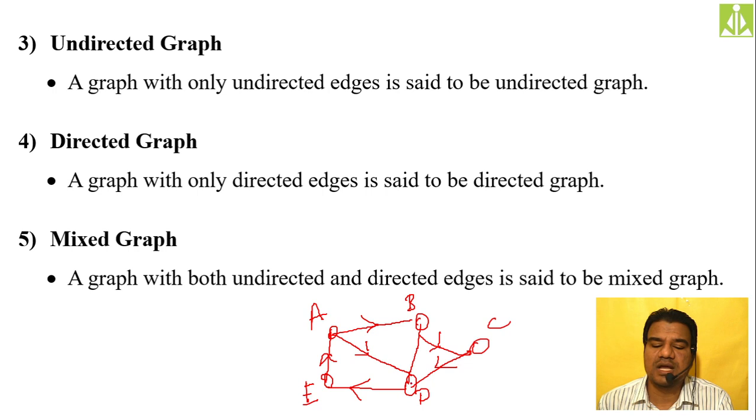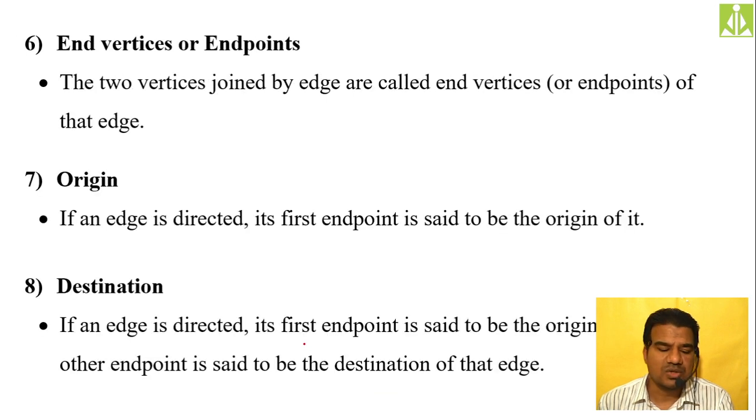Then lastly, the mixed graph, which is a combination of the above two. Some of your edges may have directions, and some of your edges may not have directions. So a graph with both undirected and directed edges is said to be a mixed graph. Hopefully you understood.